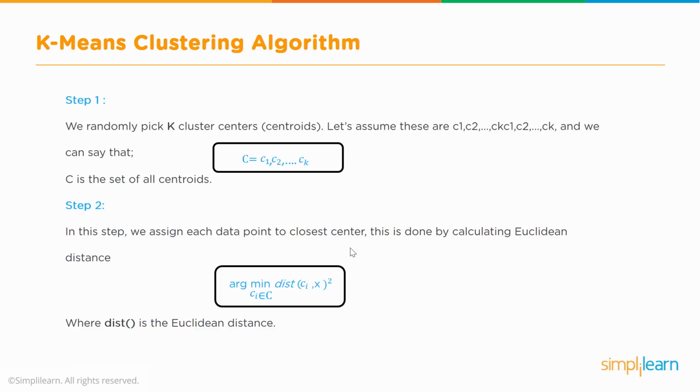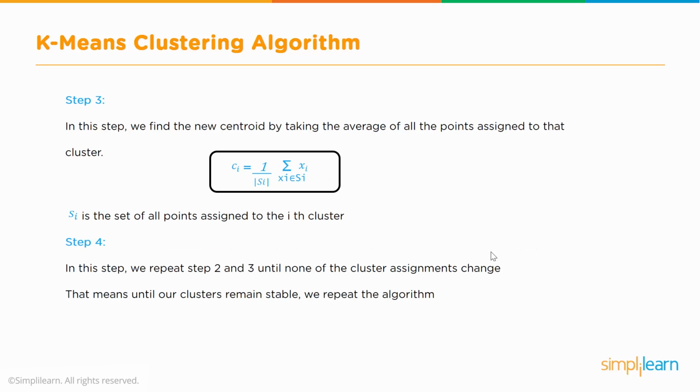Based on the distance, we will have k groups. But remember, the initial values of C1, C2 were not really the centroids of these groups, right? We assigned them randomly. So now in step 3, we actually calculate the centroid of each group, which means the original point which we thought was the centroid will shift to the new position, which is the actual centroid for each of these groups.